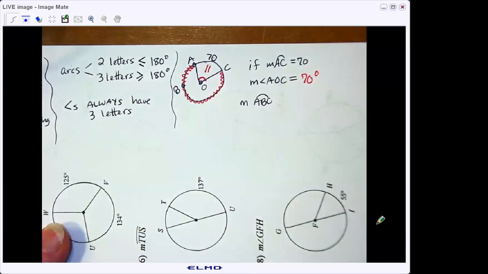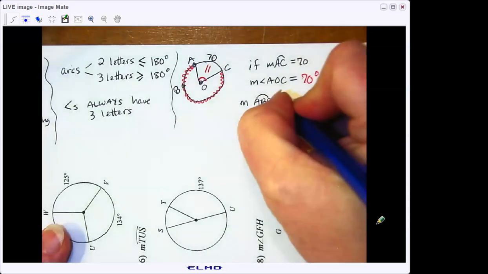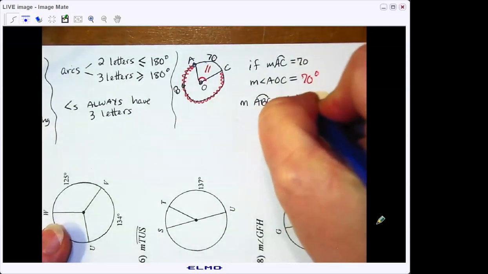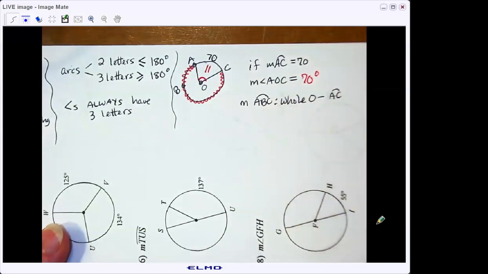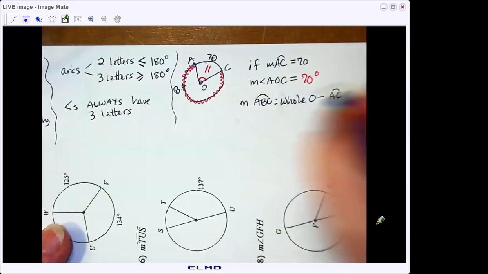Okay. If someone's willing to, you can put your chat box to everyone and tell us how you got it. What were the numbers that you used to get your answer? Anybody? Nice. Yep. Okay. We can do whole circle minus the arc AC. So that would give you the whole circle.